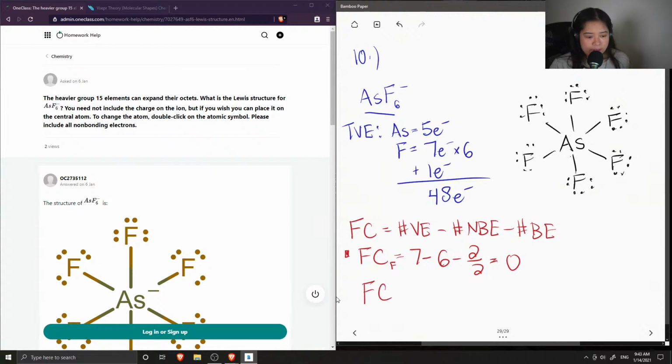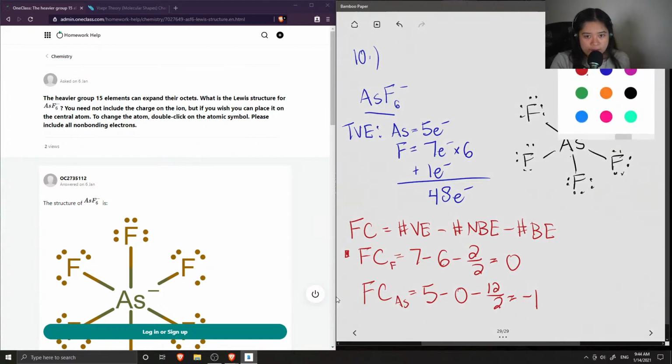Then let's do the same thing for the arsenic. Arsenic has 5 valence electrons, and there are no lone pairs, so we write 0 non-bonding. There are 6 bonds to the arsenic, so we have 12 bonding electrons divided by 2. So 5 minus 6 is -1.